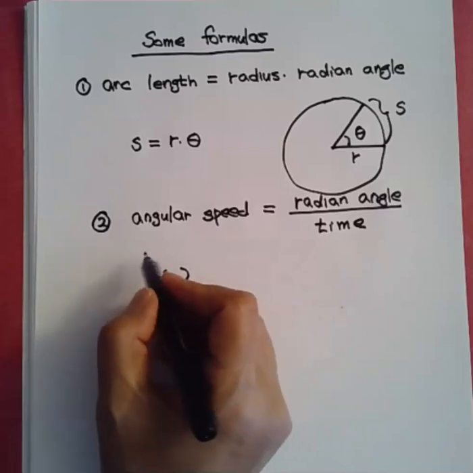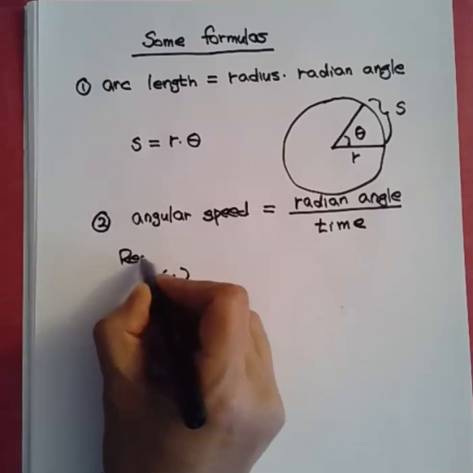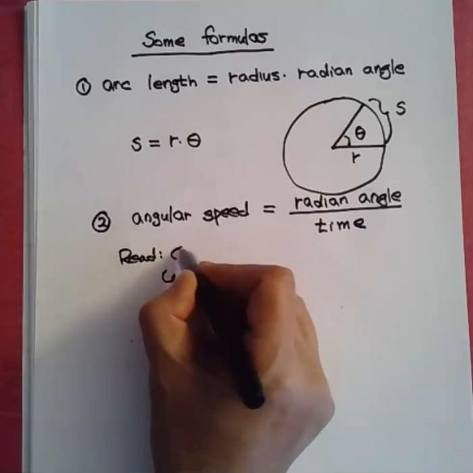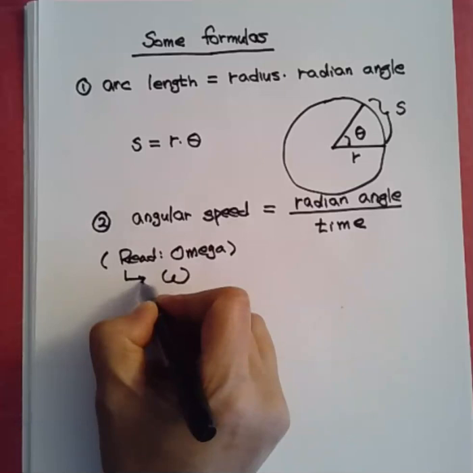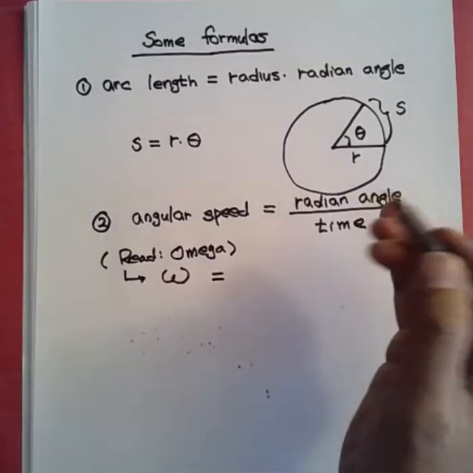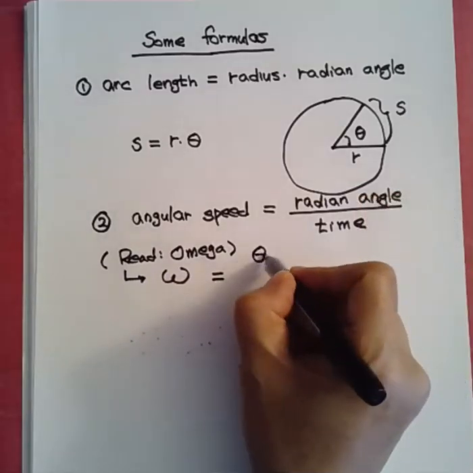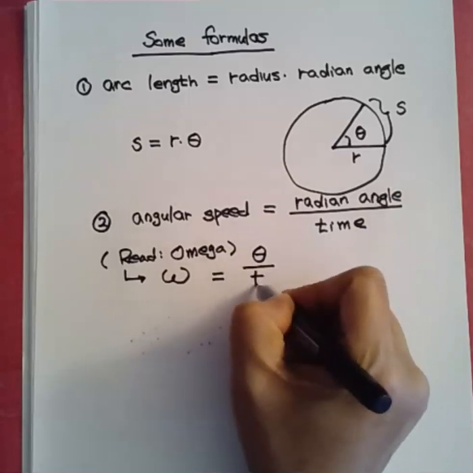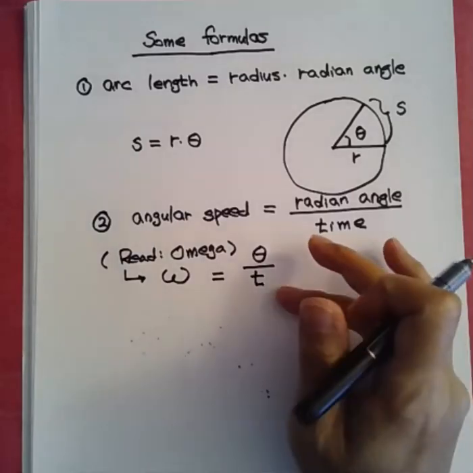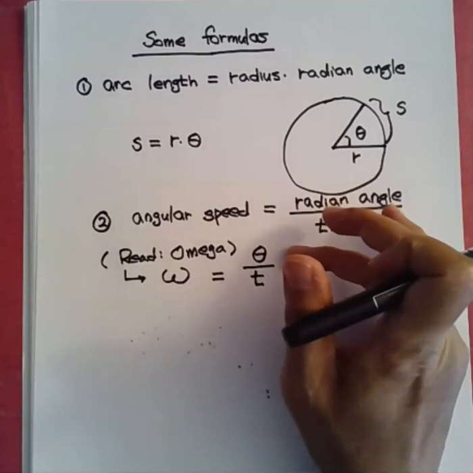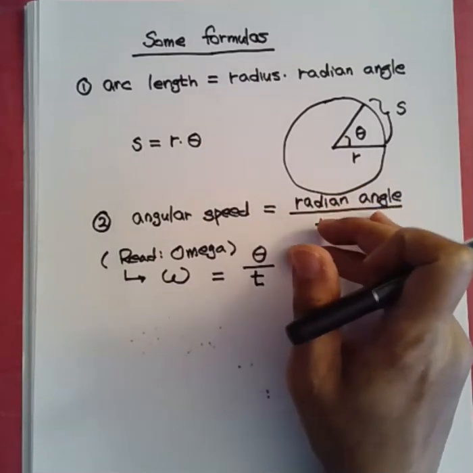This is not W. You will read that as omega. Omega equals theta over t, where radian angle was denoted as theta, and time is denoted as t. When we discuss the angular speed that is associated with time and radian angle, it is not associated with radius.